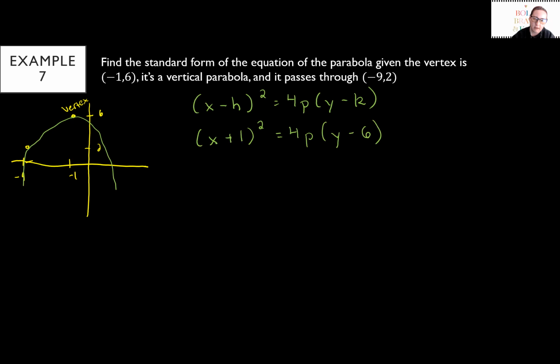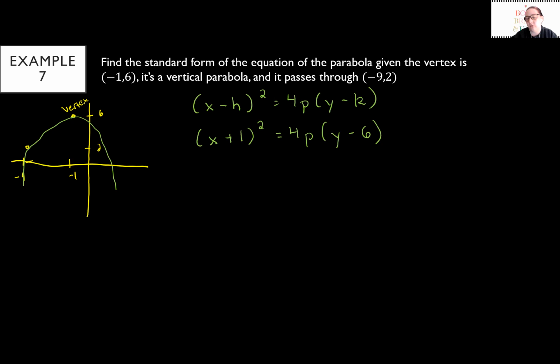You can only find p directly if you are given the focus or the directrix. We're given neither of these. So we have to find p by plugging in the second point that we have and then solving for p. So we need to plug in for x and y, the -9 and the 2, and that will allow us to find p.